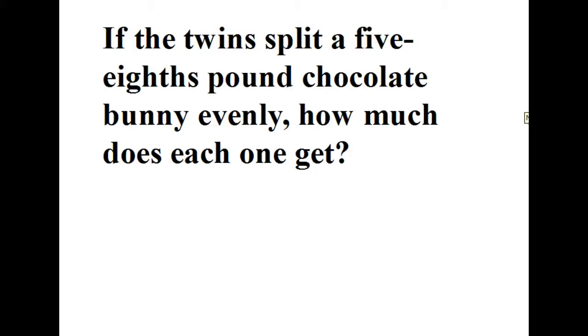Alright, here we go. If the twins split a 5/8 pound chocolate bunny evenly, how much does each one get? So I see split and evenly. They both tell me we're going to be dividing. What am I starting with? I'm starting with the bunny, which is 5/8. I know this was first in the story, but I'm really starting with the bunny, and then we're splitting it.